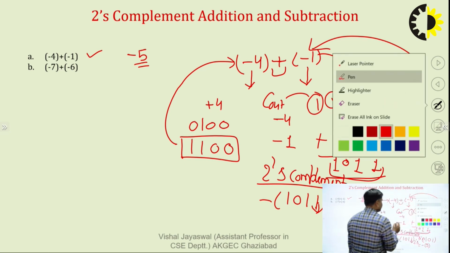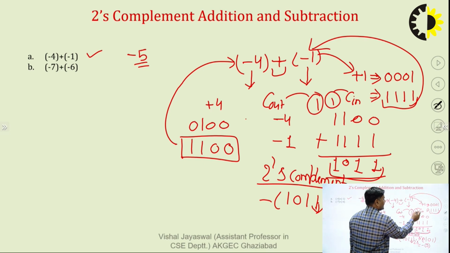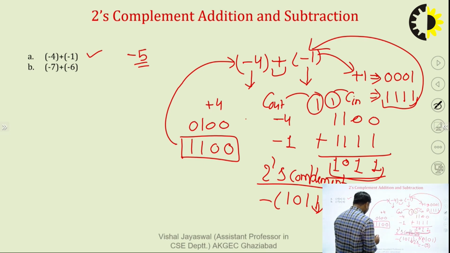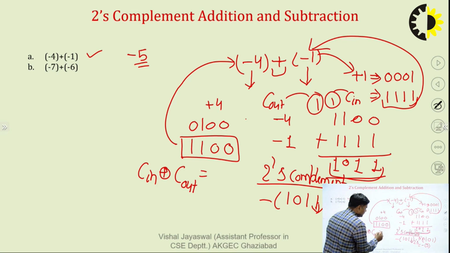And we can also check the overflow condition, because here we have the two carries, C in and C out. If we want to check the overflow condition, then we have the formula: C in XOR C out is equal to 1.